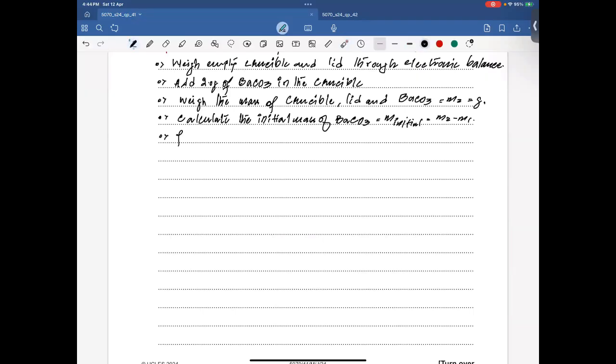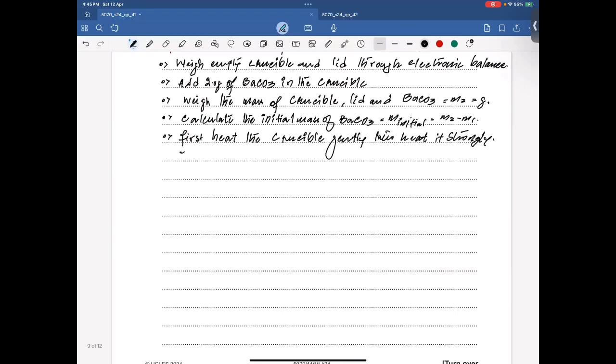First heat the crucible gently. Then heat it strongly for at least 10 to 20 minutes.